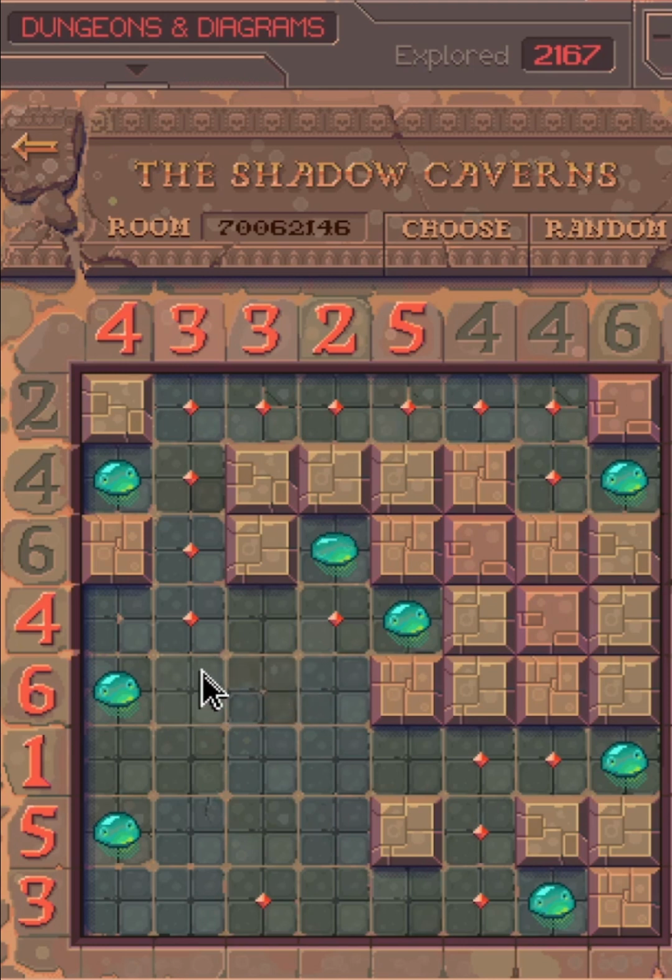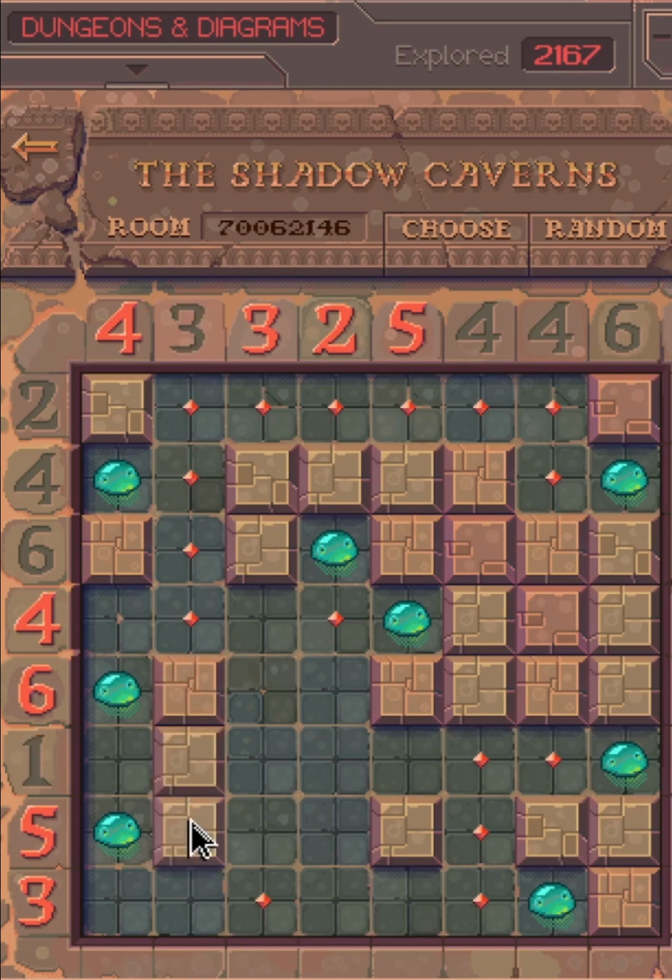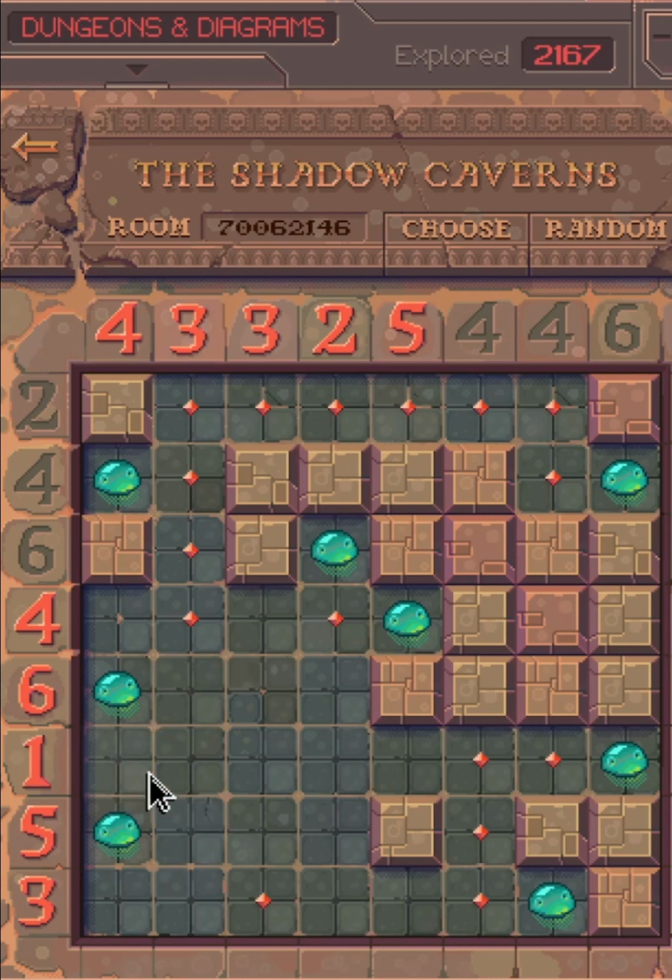Well, okay, let's think about this column, because we've only got one more wall that we can place. So, could it be that? No, clearly not. In fact, we know... there we go. That's it. Look at this. Because of this one, if you were to place a wall here, then this is stuck.